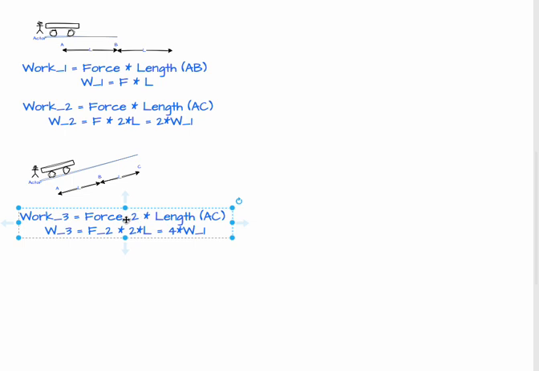So assume that we have to apply twice the amount of force, and it will be force 2 multiplied by the length from A to C. If that is twice the distance, it will be 4 times more than if we just pushed the trolley from point A to point B. I hope it's clear now.